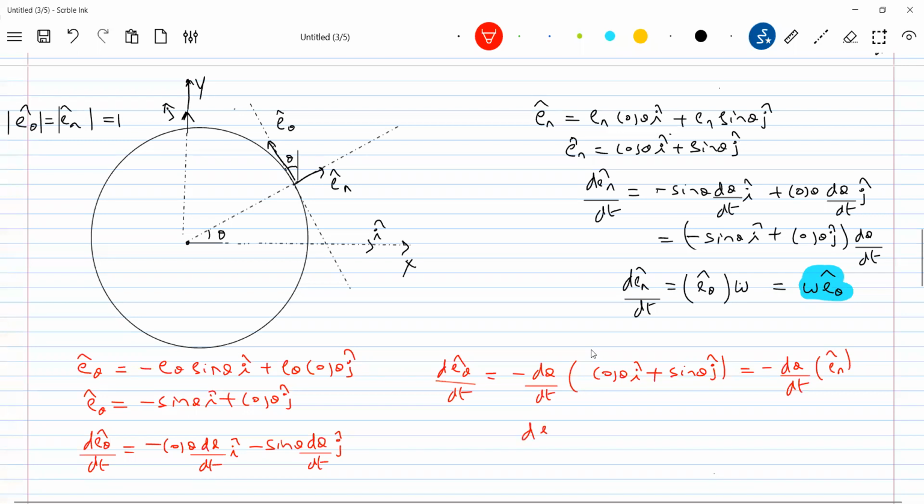Therefore dE theta by dt equals minus omega En. These are very basic equations which we need at any cost when discussing any numerical. Got this? So these are the things I'll round off.